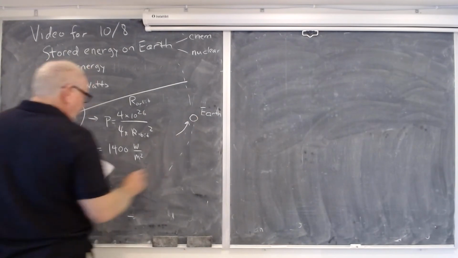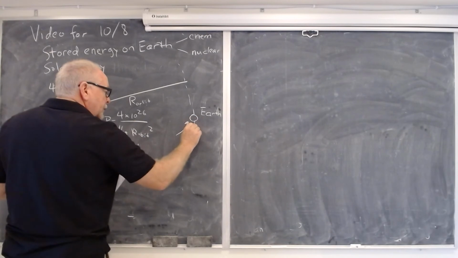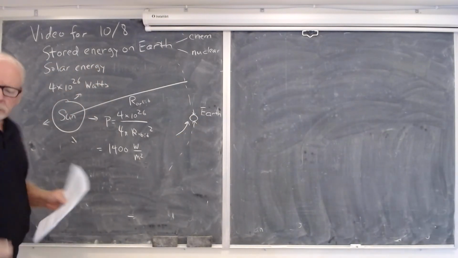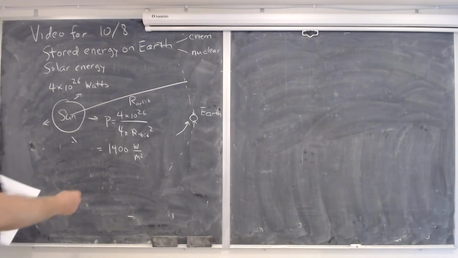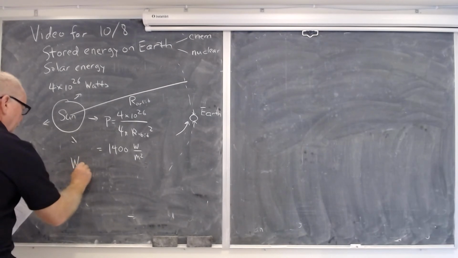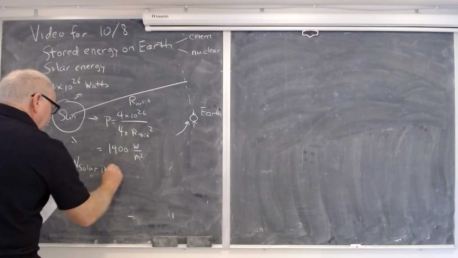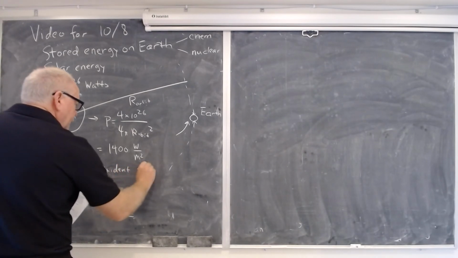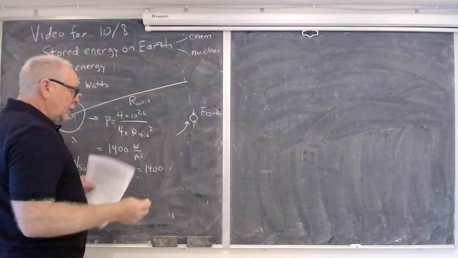And so if you take that and you multiply it times the cross-sectional area of the Earth, just treating the Earth as a circle, then basically the amount of solar energy incident is equal to 1400 times the area of that circle.